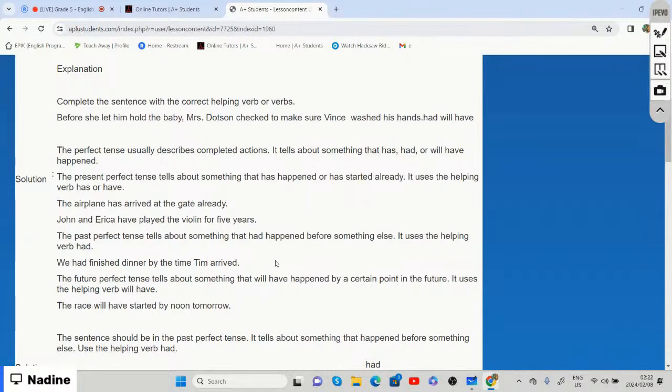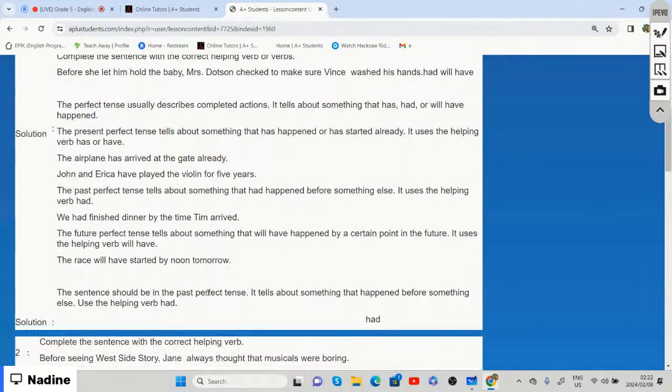So the perfect verb tense usually describes completed action. And we already made mention that the perfect verb tense usually describes complete actions, and it tells you about something that has, had, or will have happened, right?